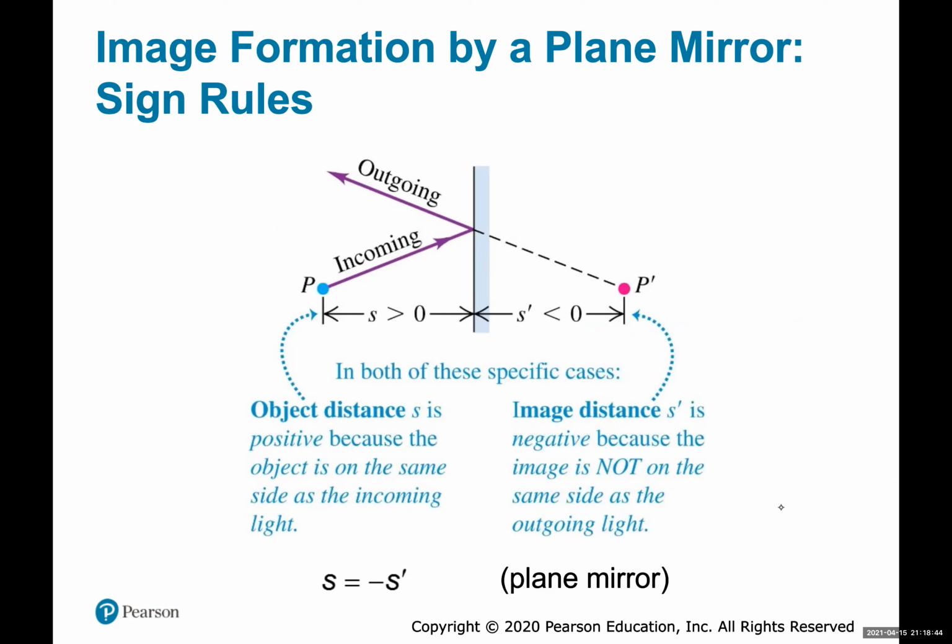And we use a negative distance to talk about the fact that it is behind the mirror, not where we expected to find the light. So S prime in this case is by definition negative, so that if we want to equate the distances, we have to use an additional minus sign. S prime is by definition negative, so the negative of the negative quantity is the positive object distance, S.